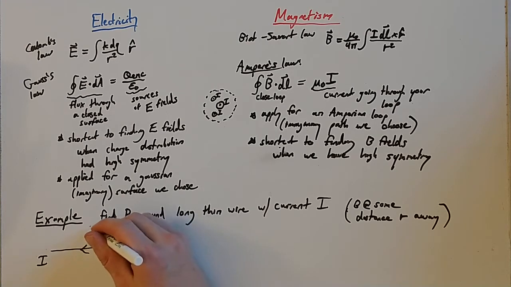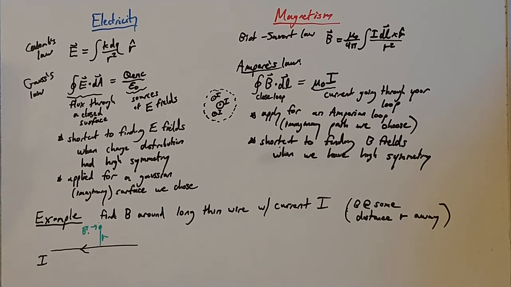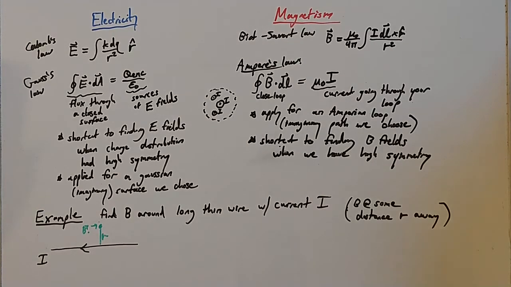What is the magnetic field there? I'd like to be able to calculate that. This is a good example for Ampere's law because long, thin wires have lots of symmetry. They have this sort of cylindrical symmetry that we'll be able to exploit. All right, so let's dive in and think about how we're going to do this.